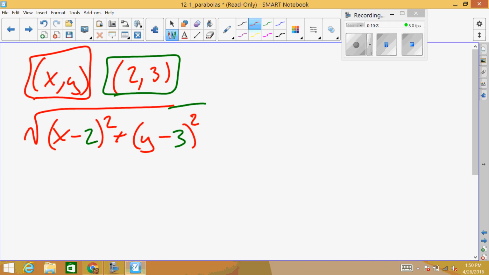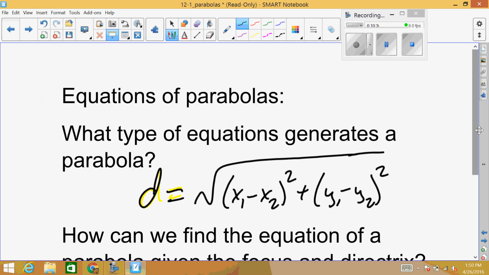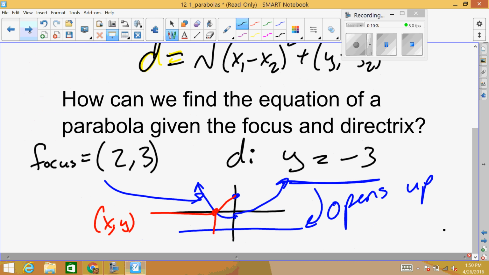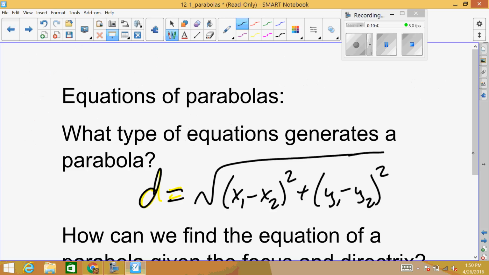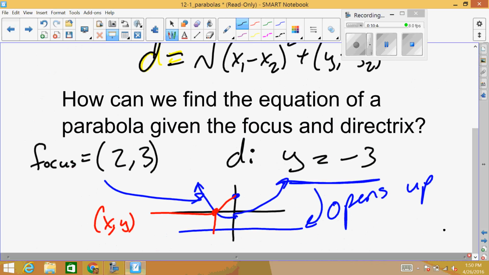Okay, so I know that distance should be equal to the distance from my point on my parabola to my directrix. My directrix is y equals, I believe it was -3, but let's just double check that. Yep. Now, I'm going to go back to my drawing here real quick. And I've got to remember, back to geometry, the shortest distance between a point and a line has to be perpendicular to that line.